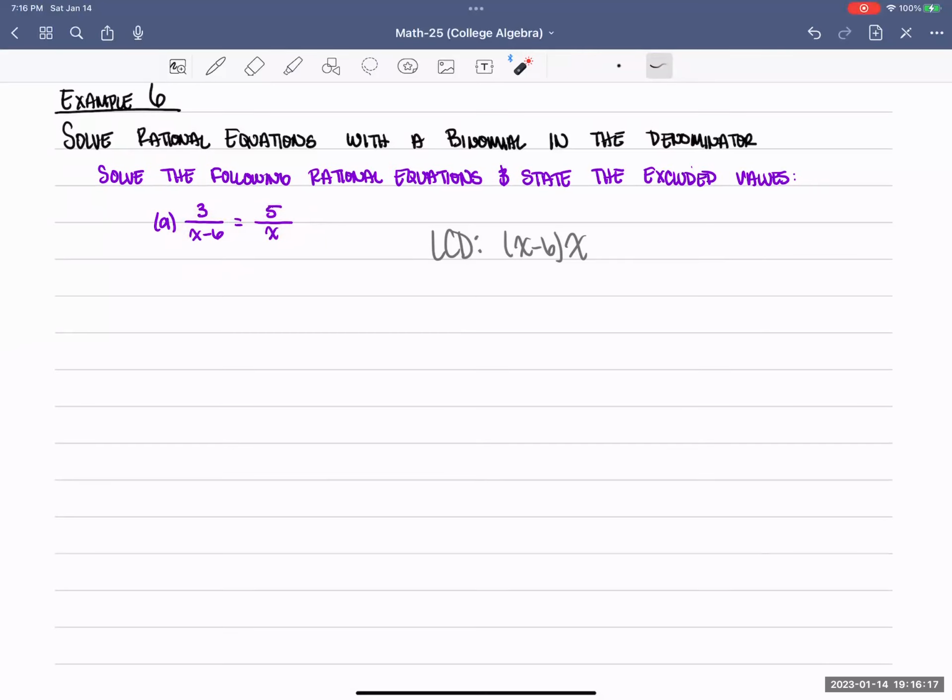So x times x minus 6 divided by x minus 6, those two divide out, that's equal to just x. And also with x, dividing our LCD by x leaves us with x minus 6. Either way, we get rid of the fractions, which is exactly what we want. So we're going to multiply both sides by this.